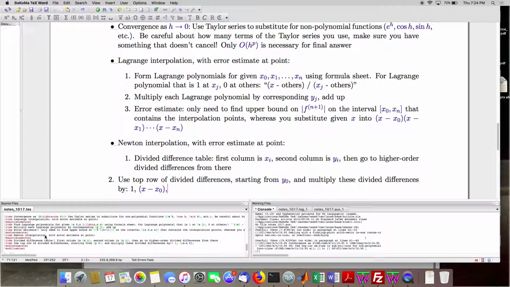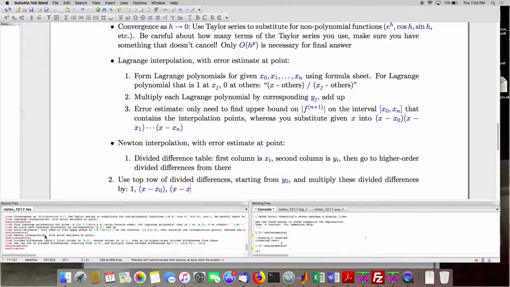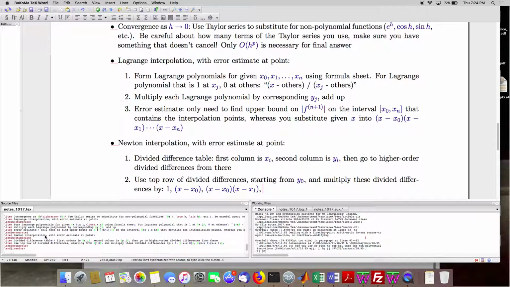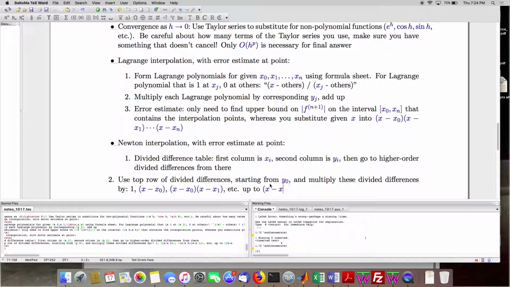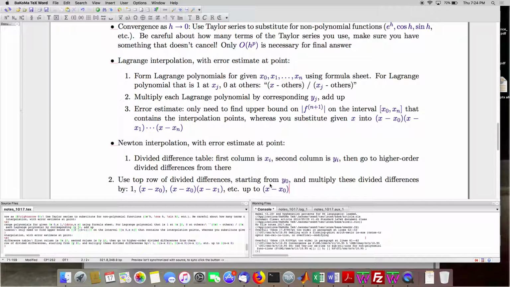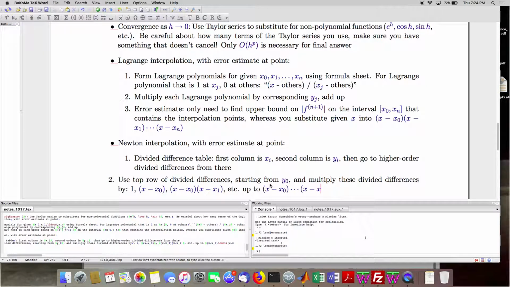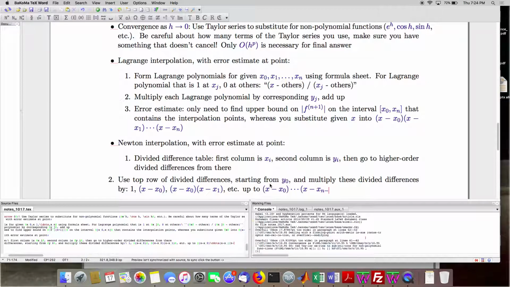Then the next one is x minus x naught times x minus x1, and so on. Each time you're adding one more linear factor for the next interpolation point, up to x minus x n minus 1.